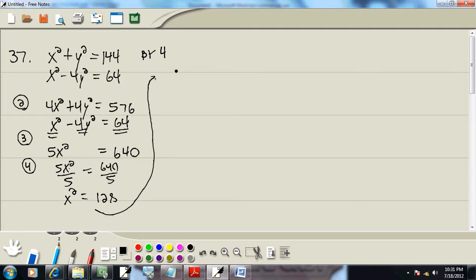Now the square root property: we drop off the squared, and we put a plus or minus square root around the other side. Now 128 is 2 times 64, and 64 is 8 times 8. So we're looking for a pair of whatevers. Here's a pair of 8s, so that's going to come out in front. So x is equal to plus or minus 8 square root of 2.